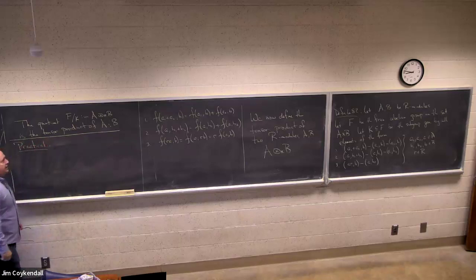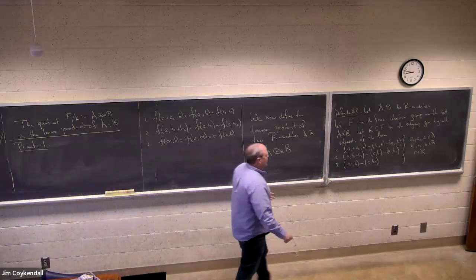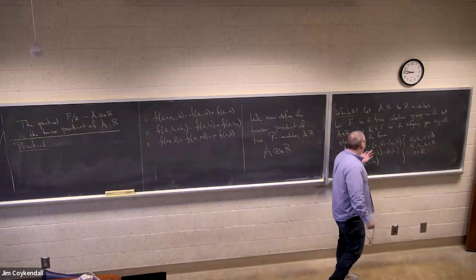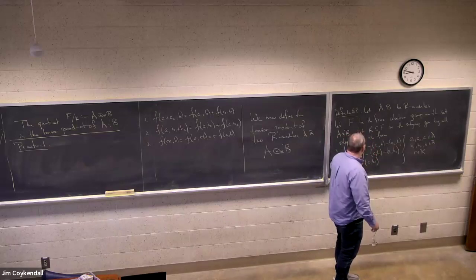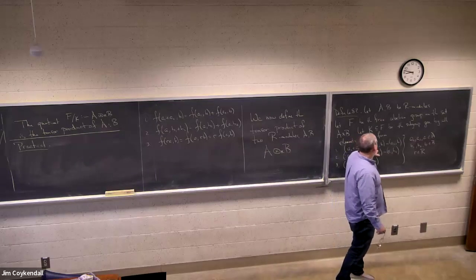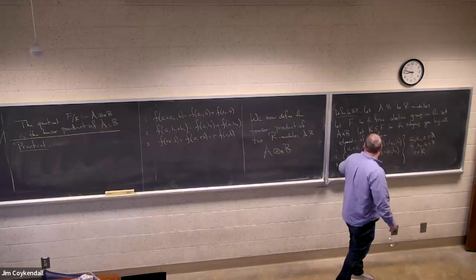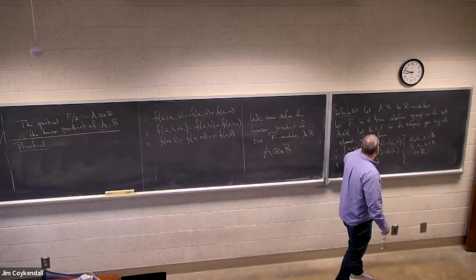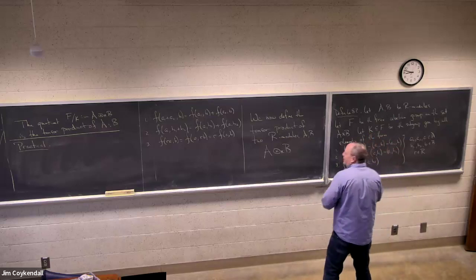So what the tensor product is, you take this free abelian group and mod out by these relations. So this is a subgroup generated by everything (A1 plus A2, B) minus (A1, B) minus (A2, B). So what that does is in the quotient group, it forces this to equal the sum of these two things. Right, that's essentially what you're doing.